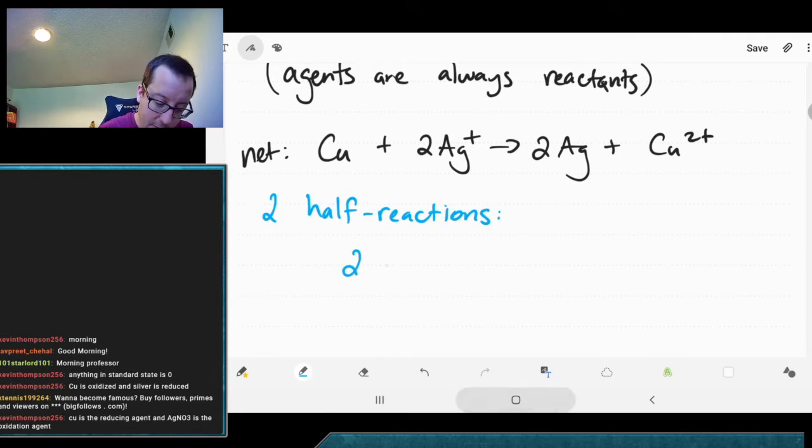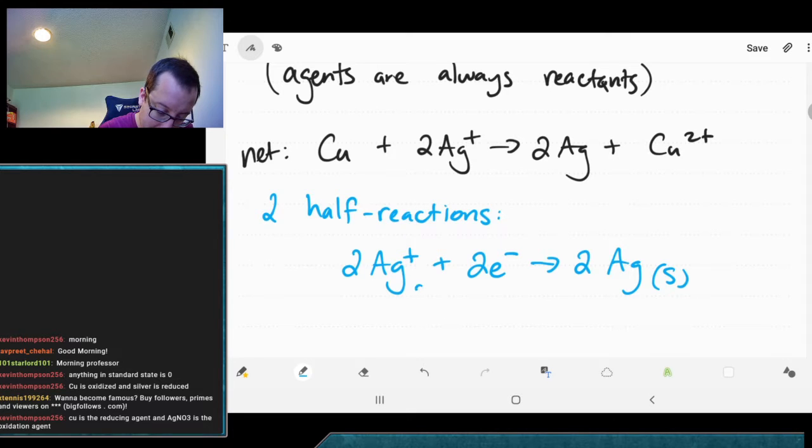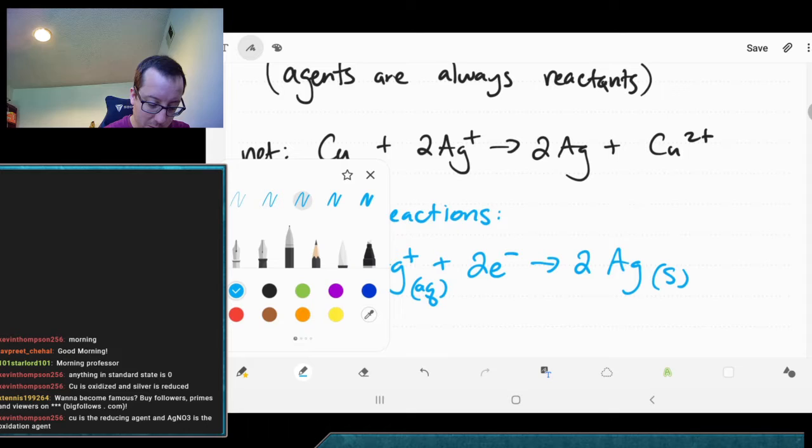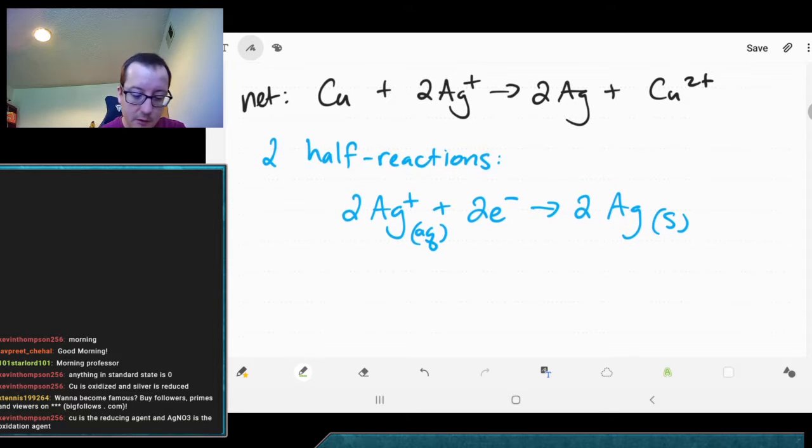I guess I'll put some state symbols here. We have two processes happening at once. We have the silver being reduced, and then we have the copper becoming oxidized, right?